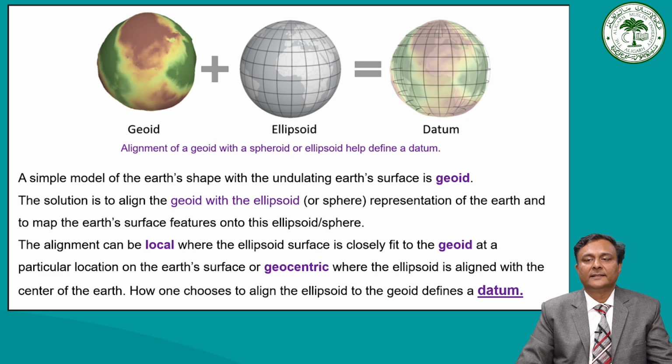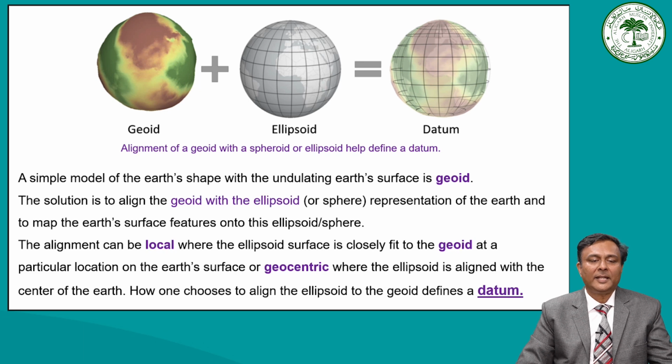Just to summarize the understanding for geoid, ellipsoid and datum, these figures give you a fair idea. A simple model of Earth's shape with the undulating Earth's surface can be called the geoid. The solution is to align the geoid with the ellipsoid or sphere representation of the Earth and to map the Earth's surface features onto this ellipsoid.